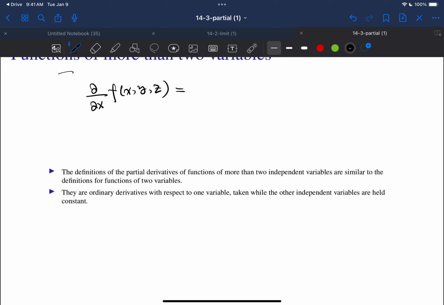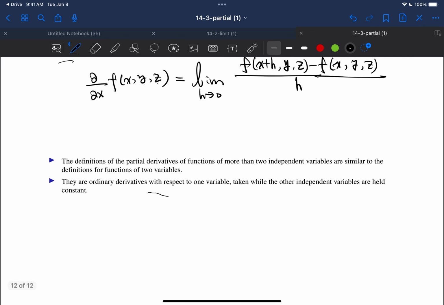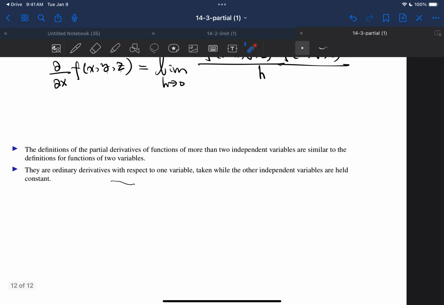Then you can write this freezing y and z, so only change x and do not change y and z, and then divide by the change in x. Now, they are ordinary derivatives with respect to one variable, taken while the other independent variables are held constant. That's what it means. y and z are frozen.